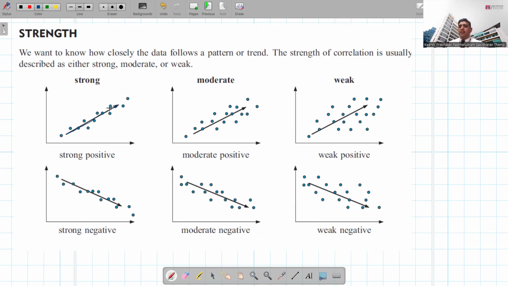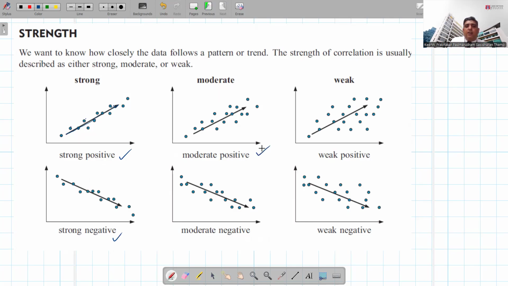This is an imaginary line, or what we call a line that best fits the eye. When the points are really clustered together, we call it a strong positive. And when there is a negative trend, we call it a strong negative.